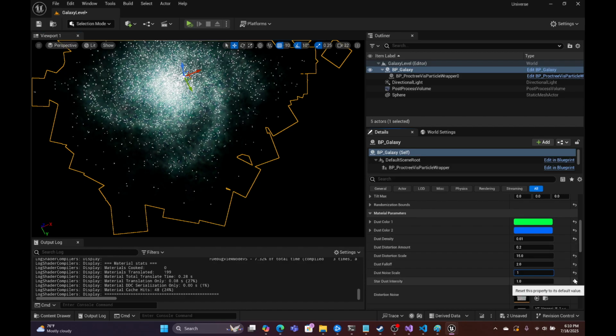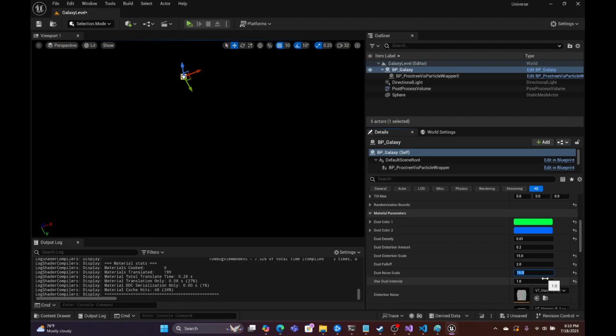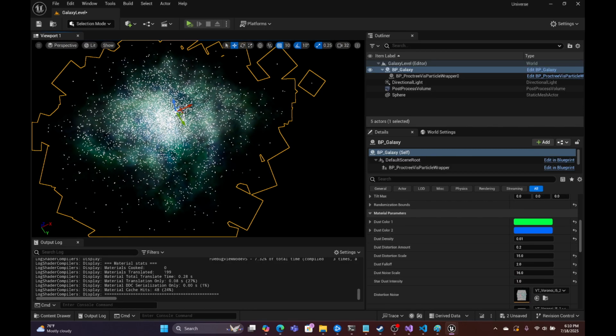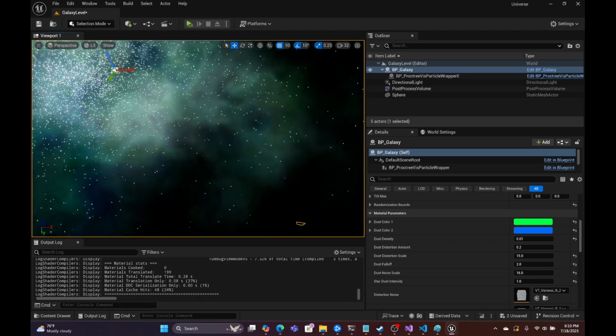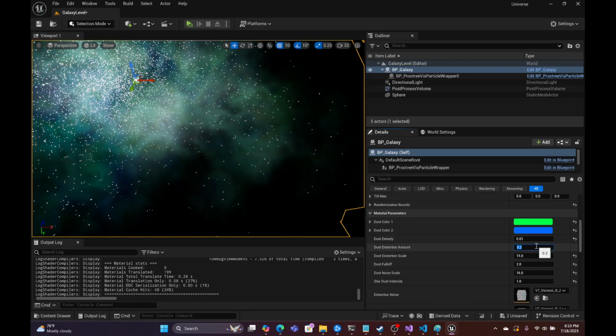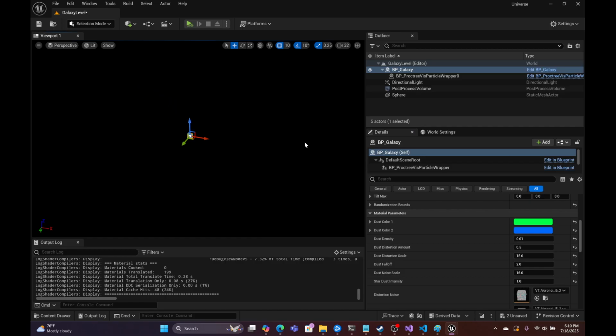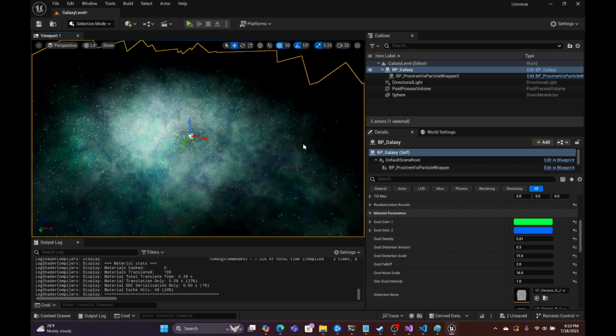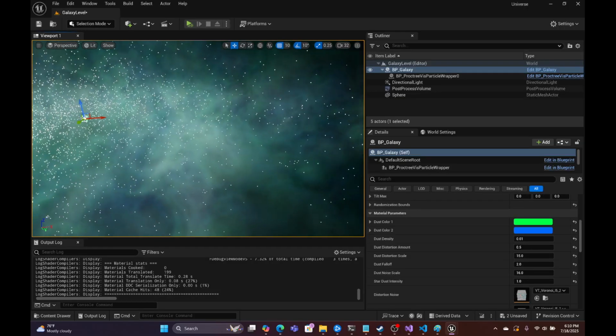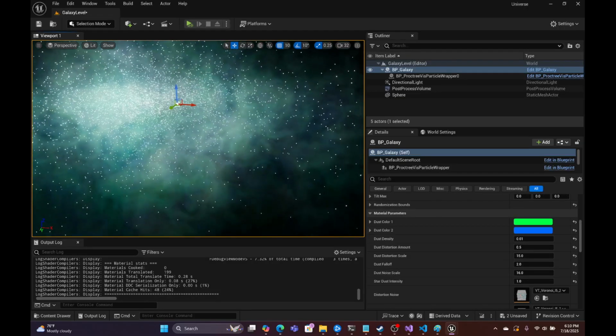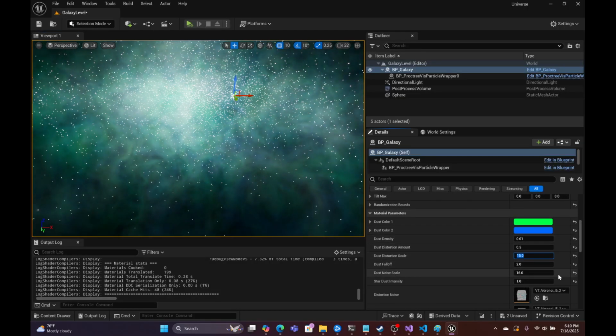What if we turn this up quite a bit and then change the distortion amount? Change the dust distortion scale to like 8.